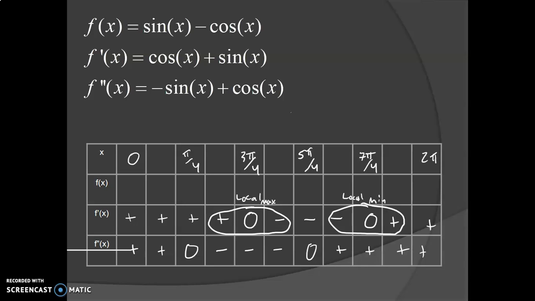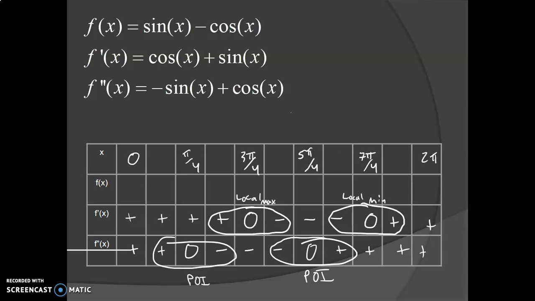And then if I plug in 2 pi, I'd get a positive value. Since the second derivative does change, I do have a POI here, and I do have a POI here. So I have points of inflection, I have local maxes and mins, and I would have to fill in these f of x values to figure out the local max and min and compare them against the endpoints.